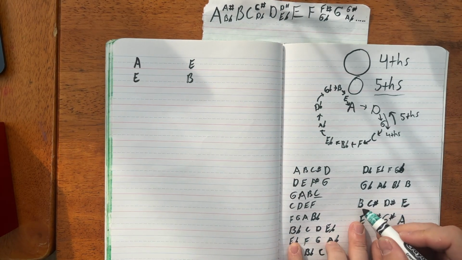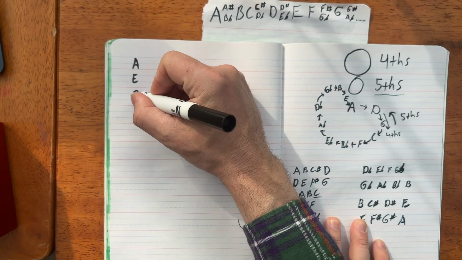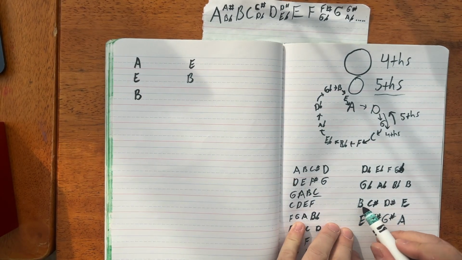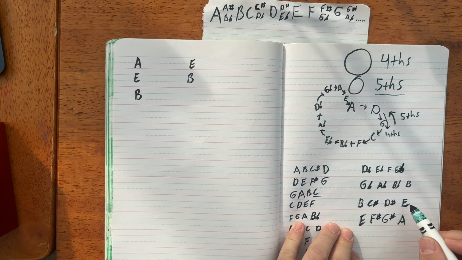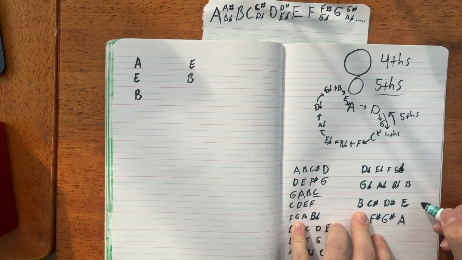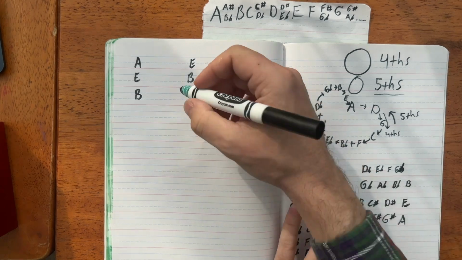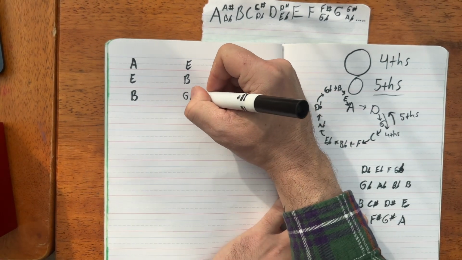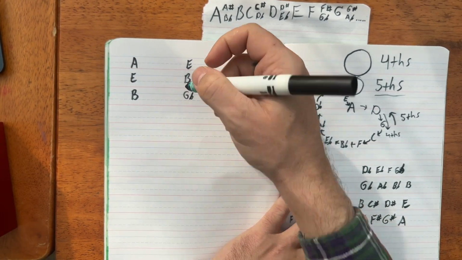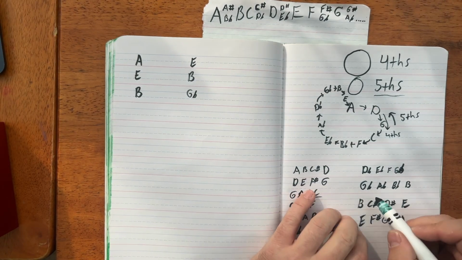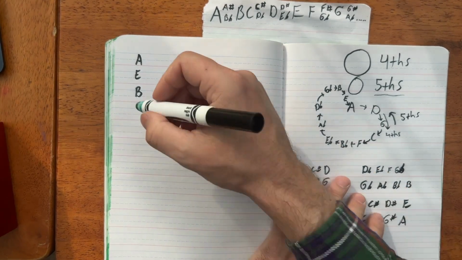And then B, okay, count up to a fifth, what would come here? B, C sharp, D sharp, E, and that would be F sharp or G flat, exact same thing. And so that's what would come here, and we'll just write it as G flat. And so then we move up to G flat.